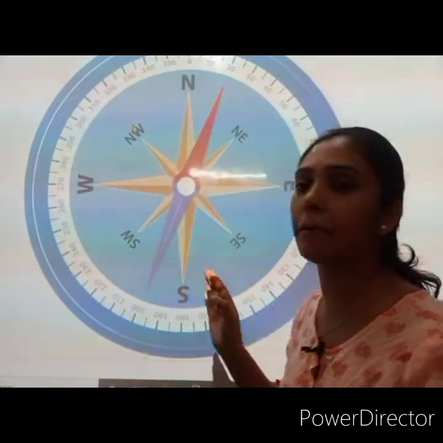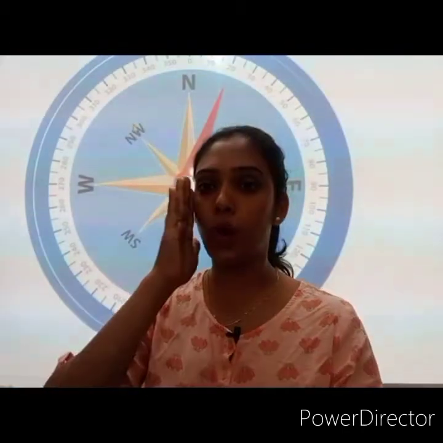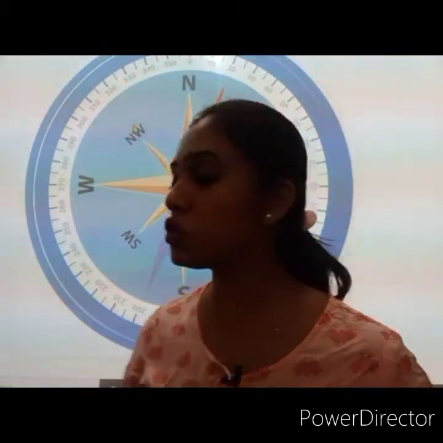Now we come to the parts of a map. We have a compass, but we also need to have a map. What is the use of having only a compass in your hand? If you have a map in your hand, you have a direction, you have some destination.